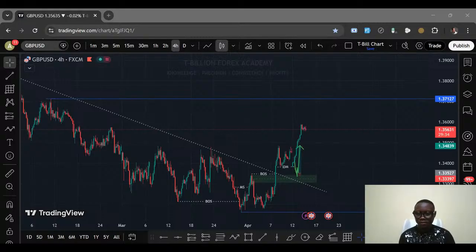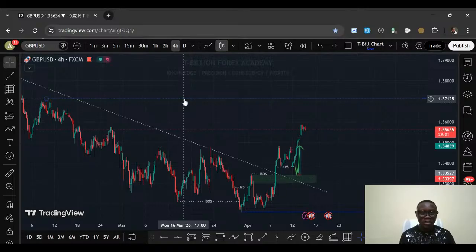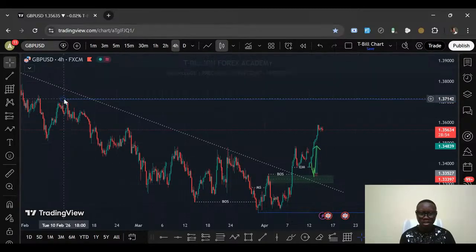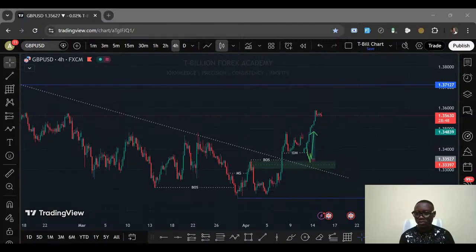Okay, guys. All right, so this is what we're looking at in terms of external liquidity. We don't anticipate the price would come all the way here to sweep the liquidity available beyond this swing high. All right, so let's look at our point of interest on the 4H time frame.